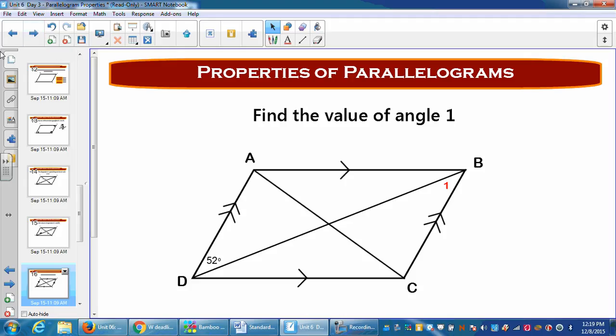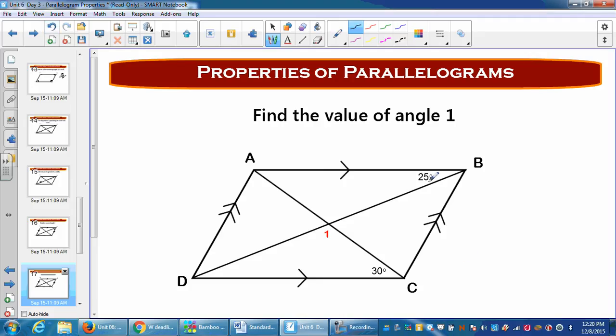Now there's another property. If we want to find angles, I don't know if this is a property or a continuing half properties. If we want to find angles, since these lines are parallel and this is a transversal, these two angles would be alternate interior. So angle 1 would be 52 degrees.